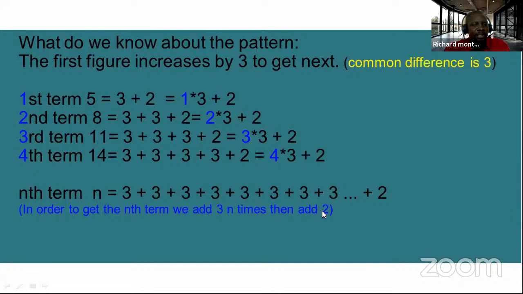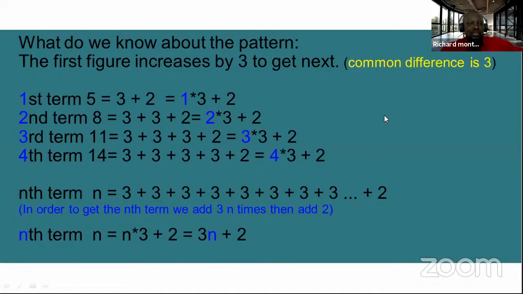So we could further simplify and say the nth term would be 3n plus 2. All right, wonderful.